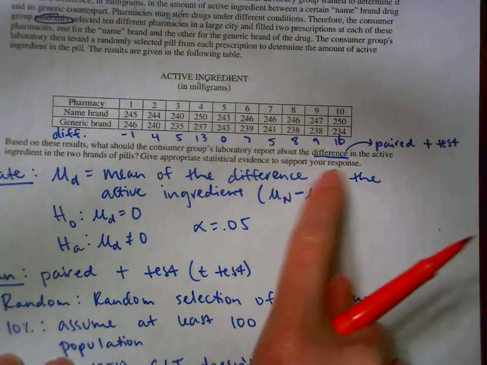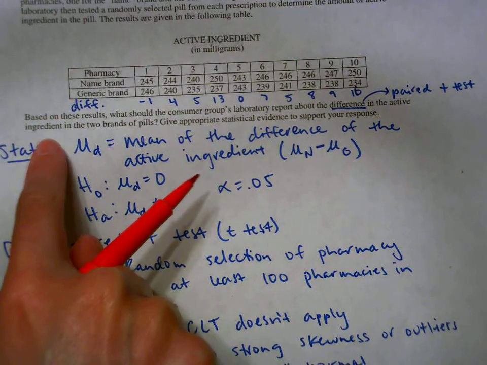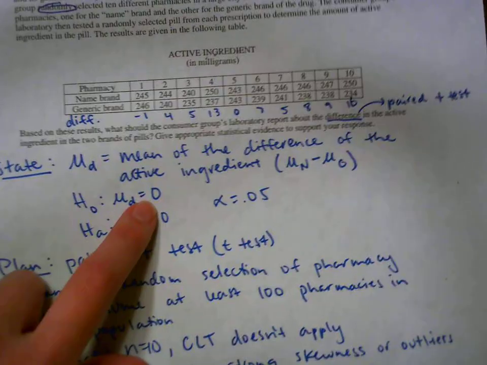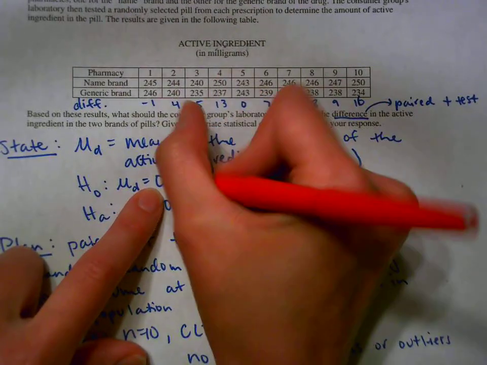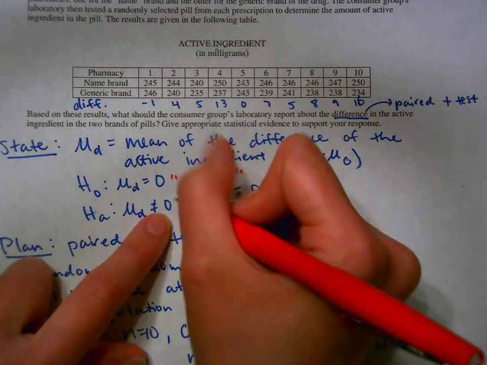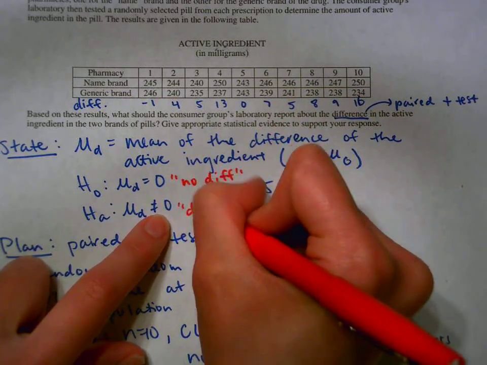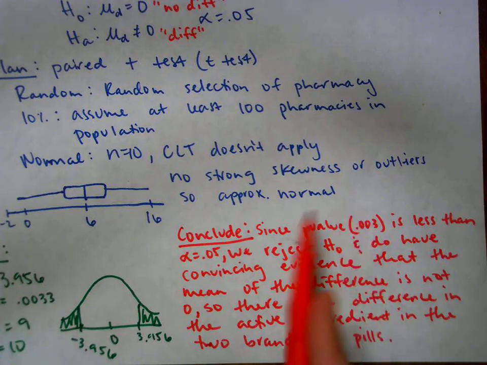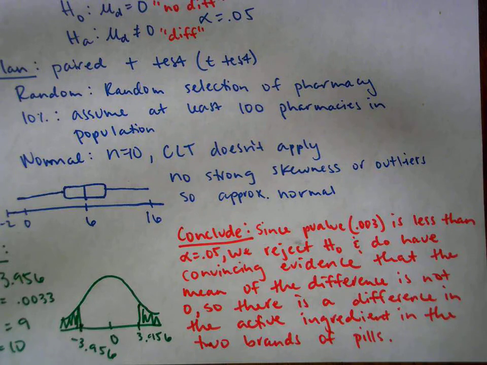Right? What I did is I started just answering their question, repeating how they worded their question. So it might help when you're doing these. This means no difference. If the mean difference equals 0, that's no difference; if it's not 0, then there is a difference. That means that when you're putting it in words at the end.